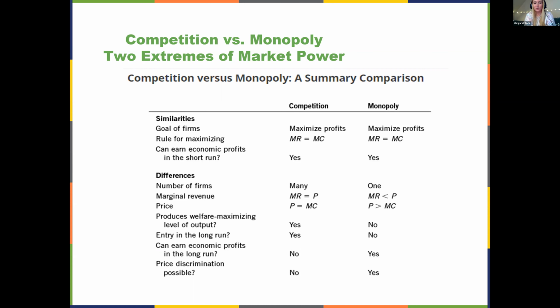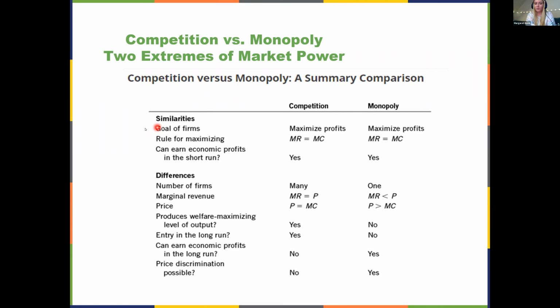Hopefully, throughout the videos, you've seen that there are quite a few differences between these two different market structures. However, I do want to point out on the slide that we have some similarities between these two types of market structures.